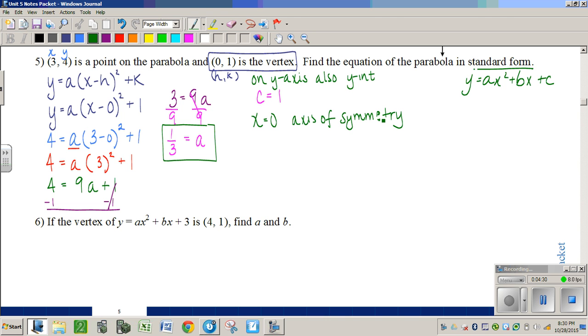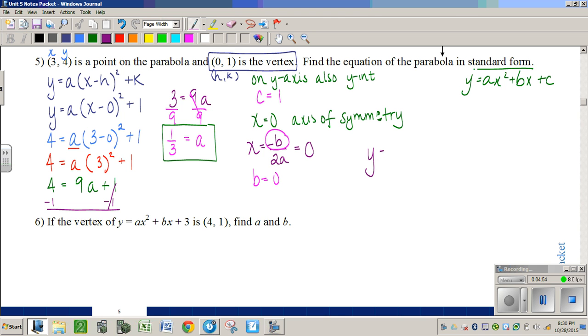So since my axis of symmetry is x equals 0, if you think about your formula, x equals negative b over 2a, if that has to equal 0, then this b value has to be 0. Okay? So since b is 0, a is 1/3, and c is 1, I can go ahead and write this in standard form now.